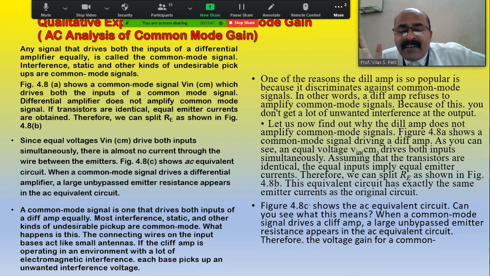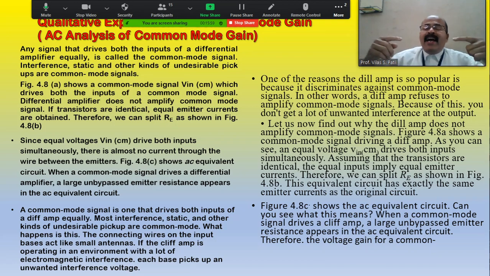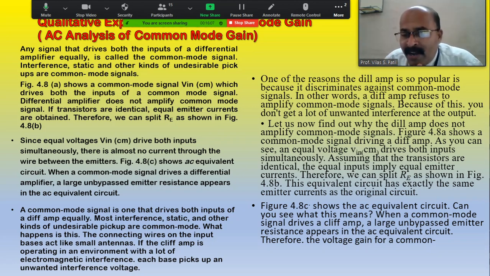Assuming that the transistors are identical, equal inputs imply equal emitter current and equal collector current, so it will be balanced. Their magnitudes will be the same but the direction will be opposite, and in the differential amplifier it will be cancelled.